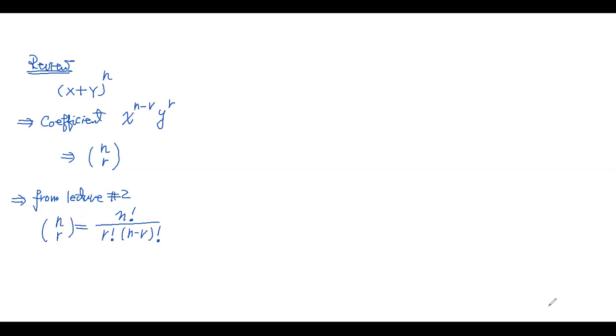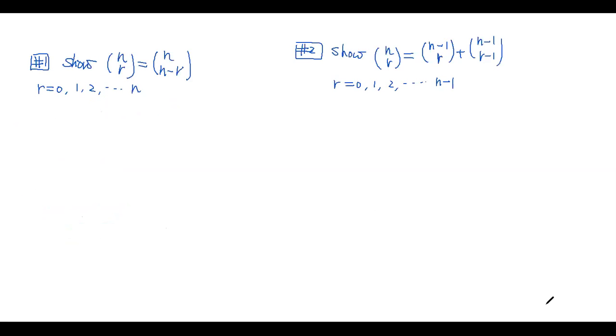The first equation is n choose r is equal to n choose n minus r.